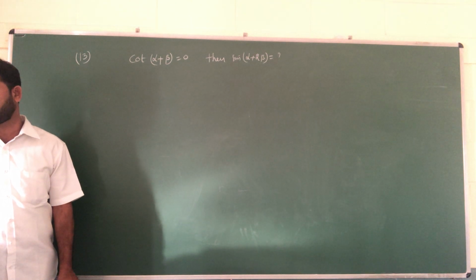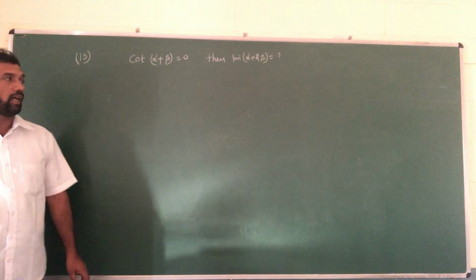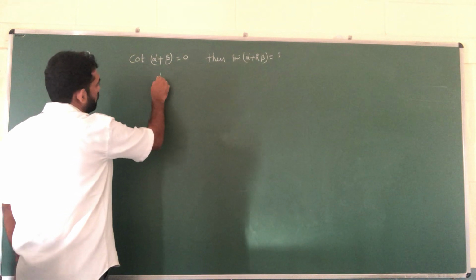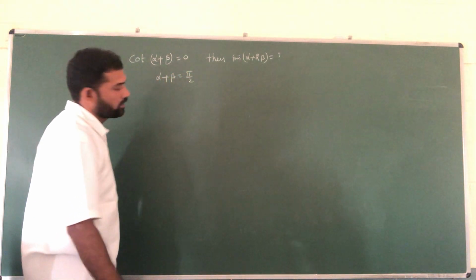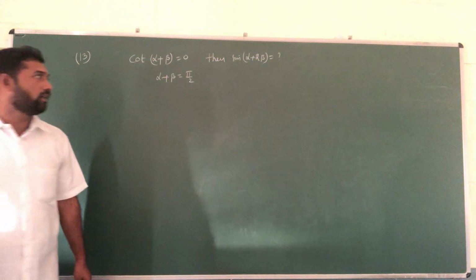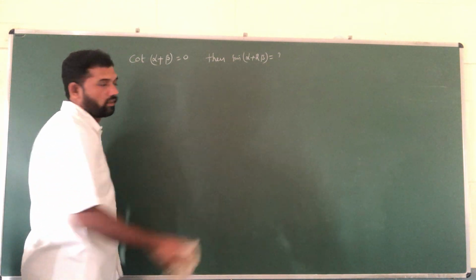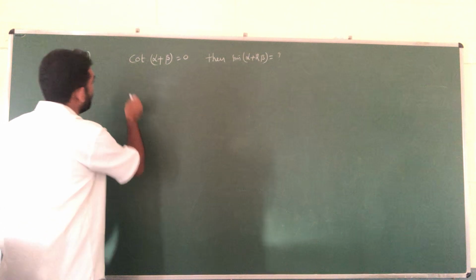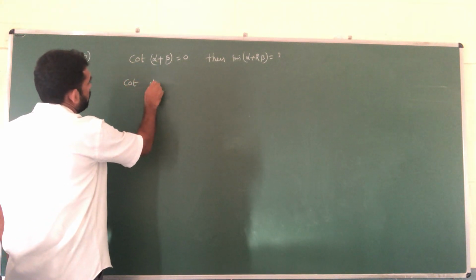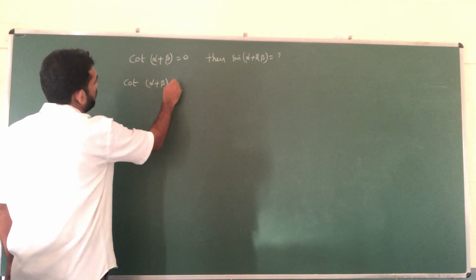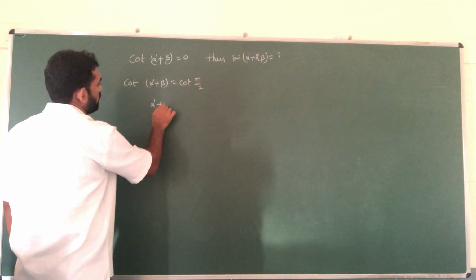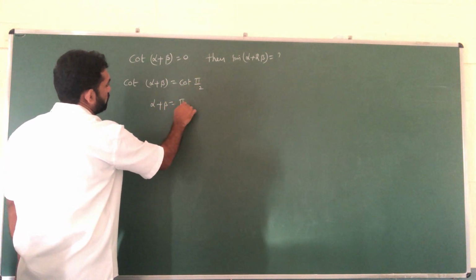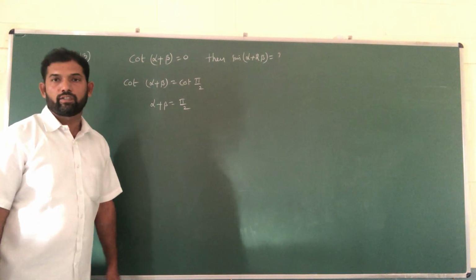Cot of alpha plus beta equal to 0 can be written as cot pi by 2. So alpha plus beta is equal to pi by 2.